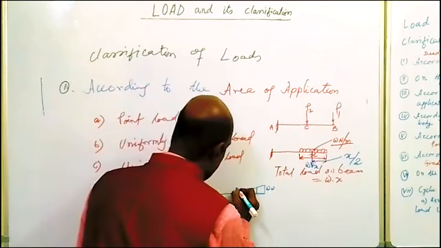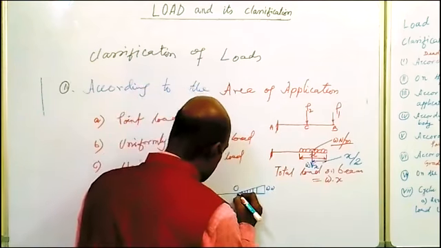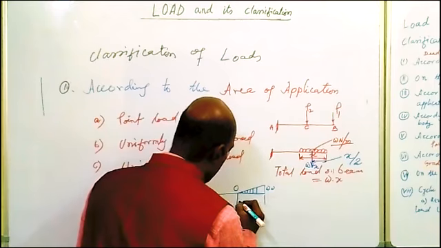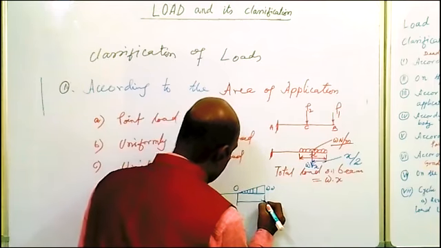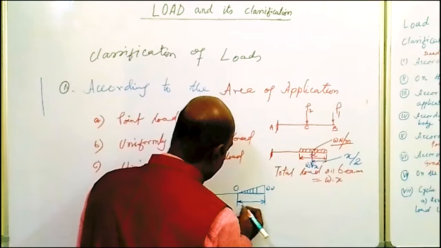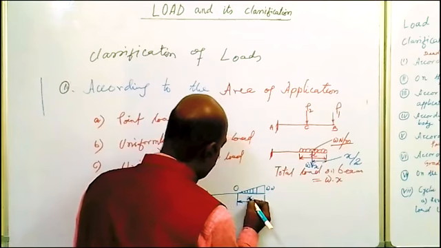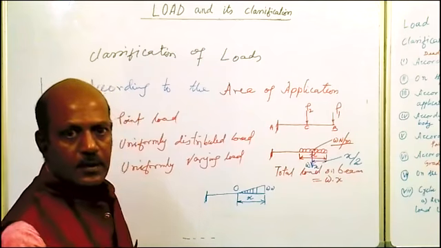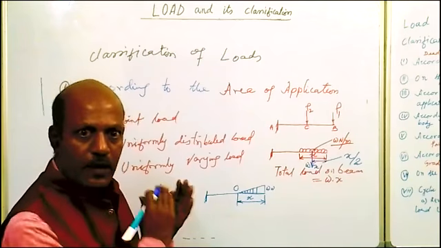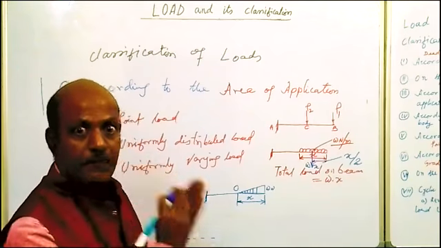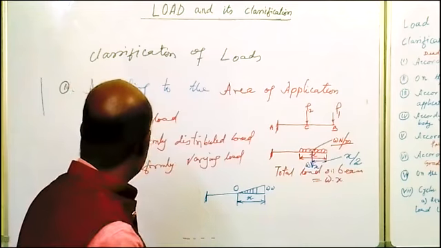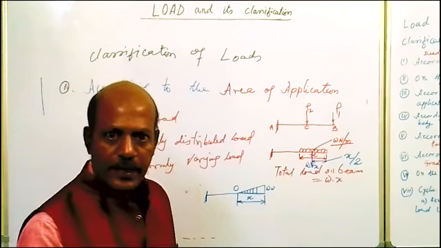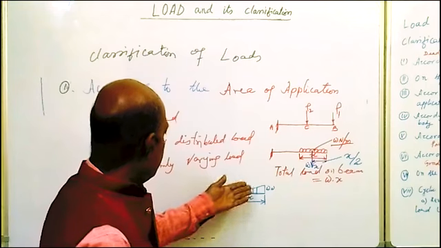At this point the load value is 0, and the length for which the load is distributed is x length, for example. So the magnitude of the load varies at every point. This kind of load is called uniformly varying load.